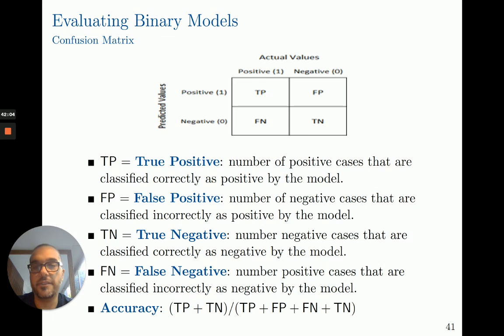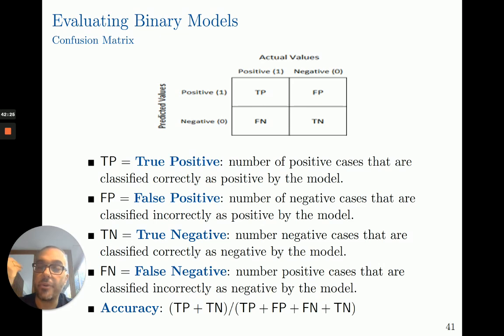FP is the false positive: the number of negative cases that are classified incorrectly as positive by the model. Then we have true negative, the number of negative cases that are classified correctly as negative, and false negative, the number of positive cases that are classified incorrectly as negative.